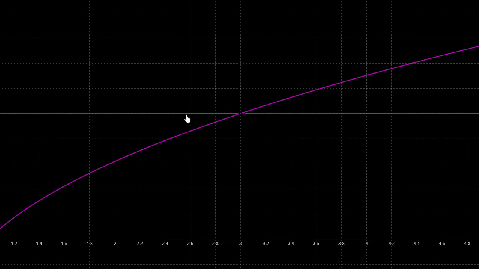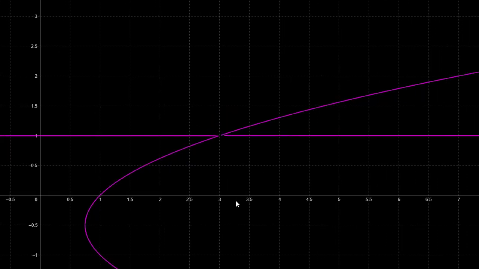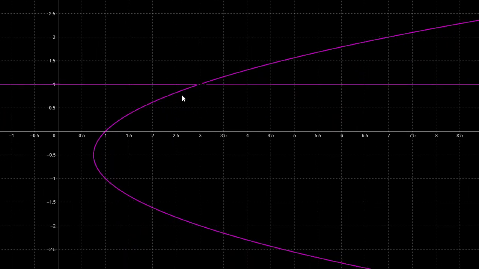So if we approach along this horizontal line, we'll be getting 0, but if we approach along this parabola, we'll be getting something positive. So whenever you see intersections like this in a graph, you should end up with some sort of 0 over 0 or undefined behavior, because the formula doesn't know which one you're talking about. If you were able to split it into two separate pieces, you could talk about which particular function, but again, this is an implicit curve, so the graph is this whole funky thing here.